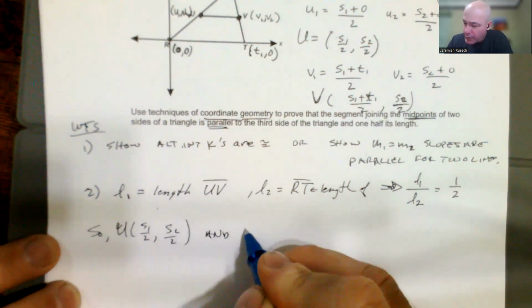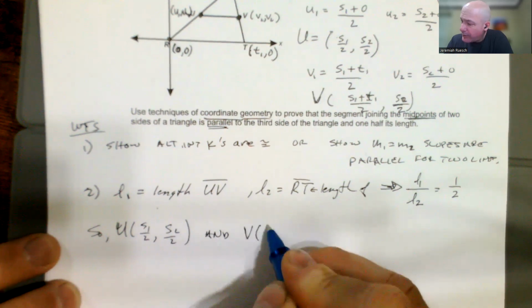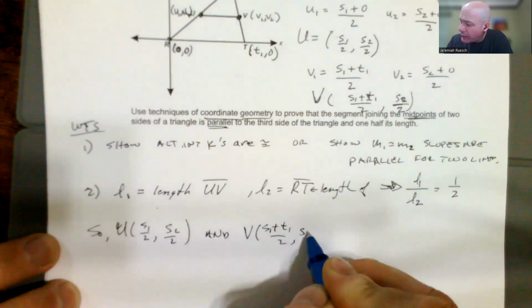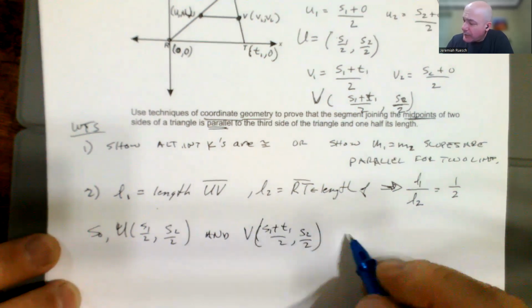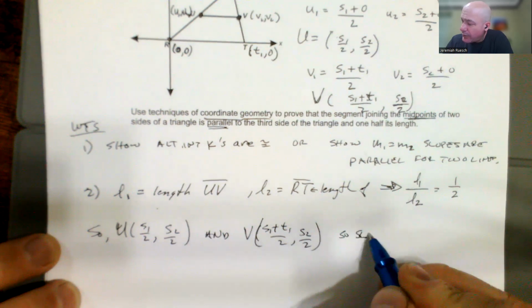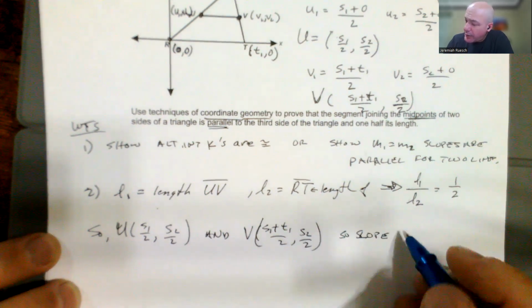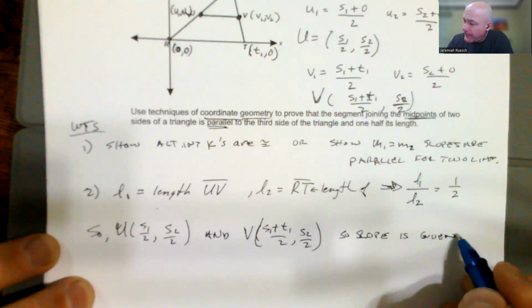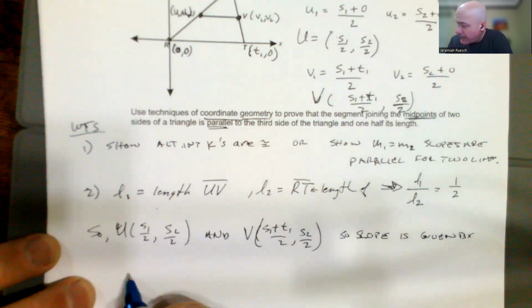And V has the points S1 plus T1 over 2 and S2 over 2. Okay, so slope is given by MUV.